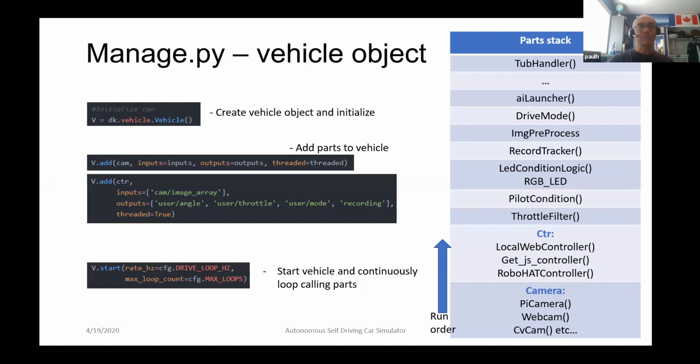Yeah, and then this piece here regarding the run. Basically the parts are added in this order I mentioned as a stack, and so they'll be run in that order.